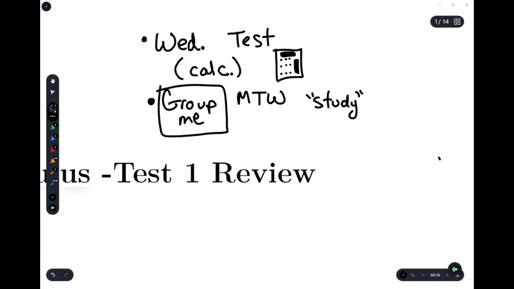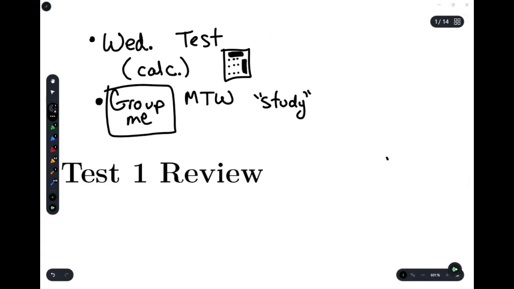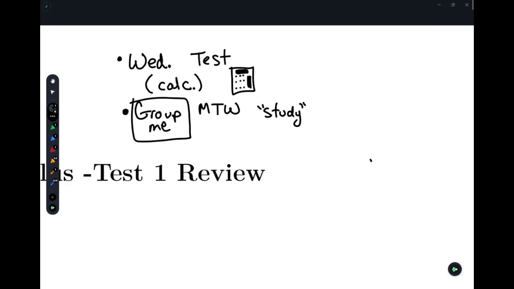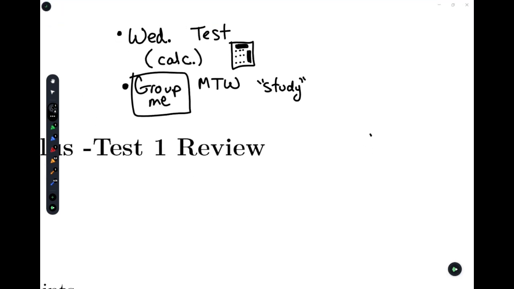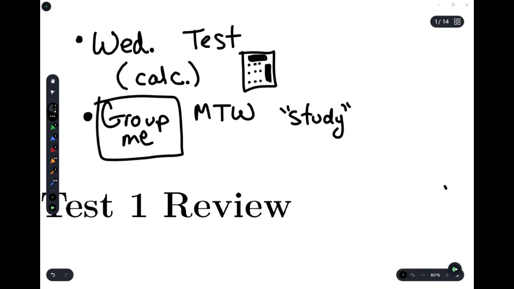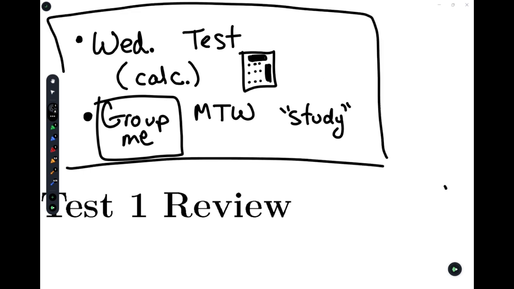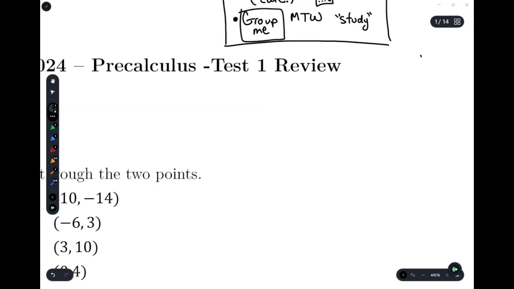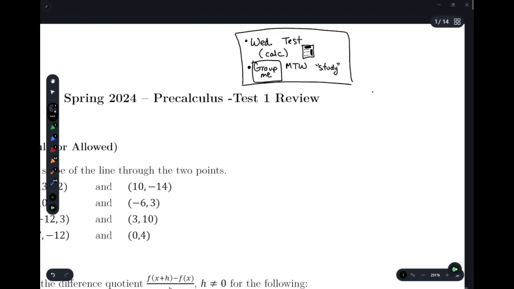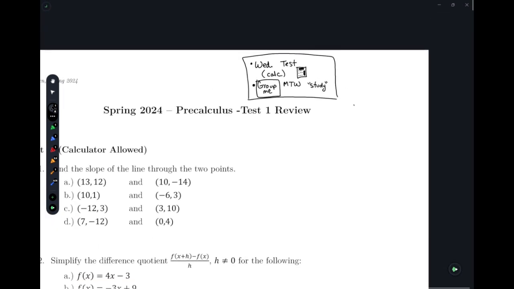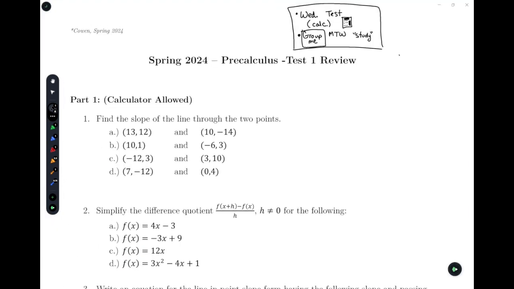Get a calculator, test on Wednesday, study this week. I believe in you. It's time to buckle down. I think that was it. Only 2 things, not 3. Please study. I really want you to do well. I want you to do well more than you want to do well, I promise. All right? That being said, let us get started.